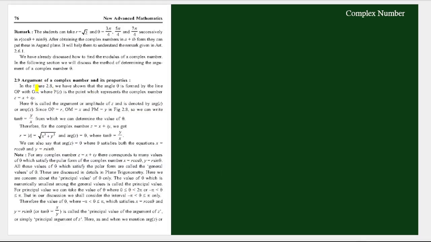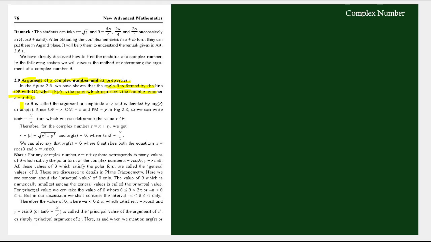So we will discuss now how to find the argument of a complex number, and its properties. So what is argument? Argument is the angle made by the position vector. The angle theta is formed by the line OP with OX, where P is the point which represents the complex number z.